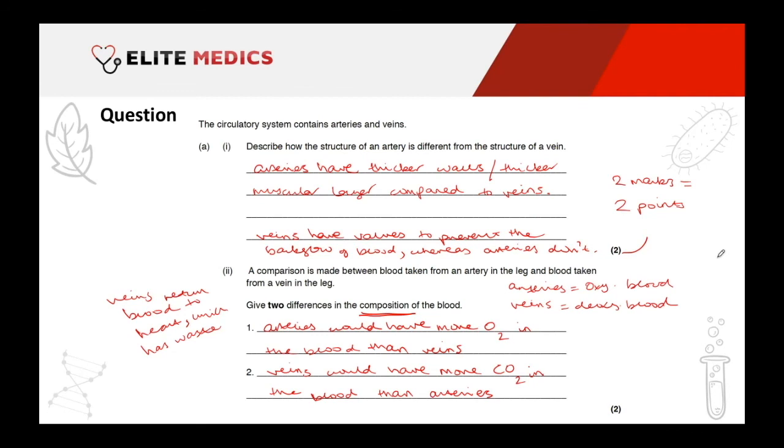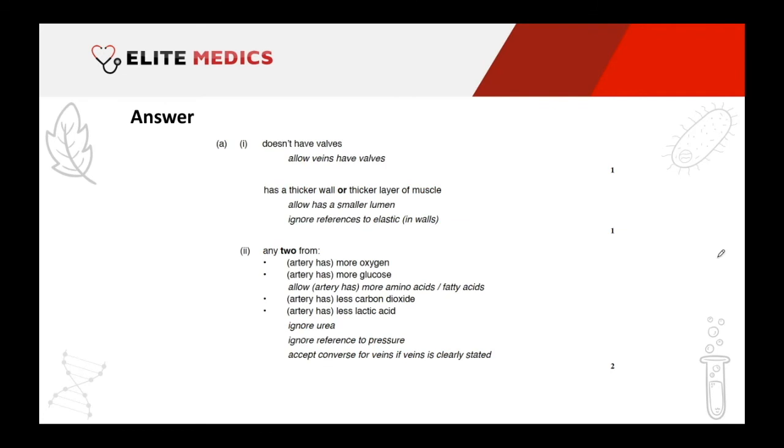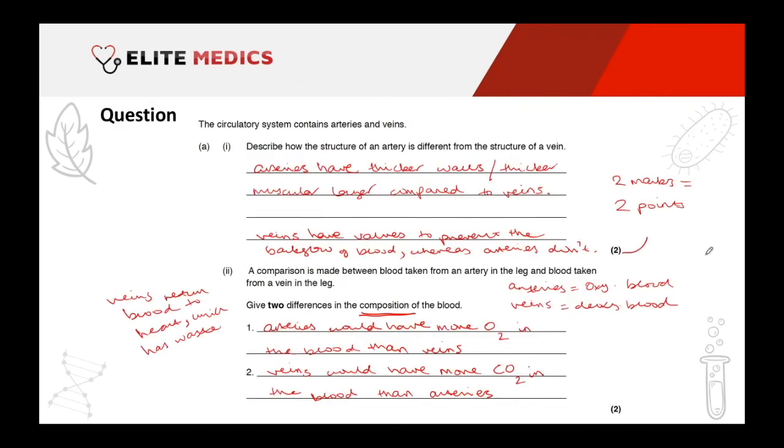Let's have a look. Okay, so for part 1, it says, again, 2 marks, doesn't have valves and has a thicker wall or thicker layer of muscle. Did we say that? We said veins have valves to prevent the backflow of blood, whereas arteries don't. Good, we would get 1 mark for that.